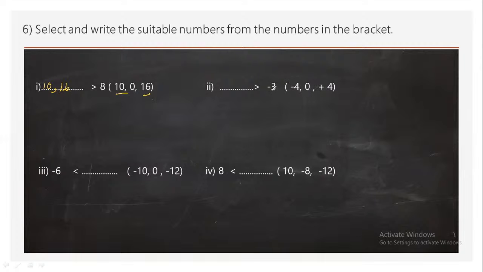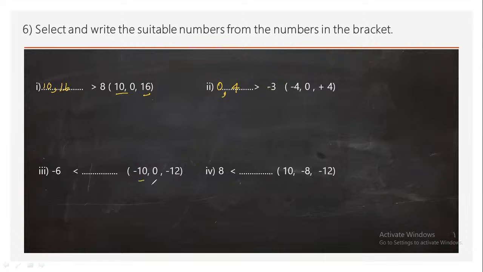So check carefully. Minus 3 is less than 0 and 4. Then 0 and 4 are greater than minus 3. Minus 6. What is the number greater than minus 6 here?